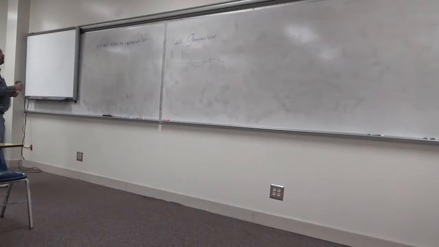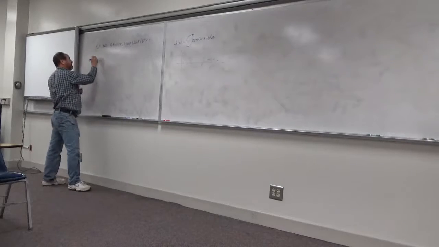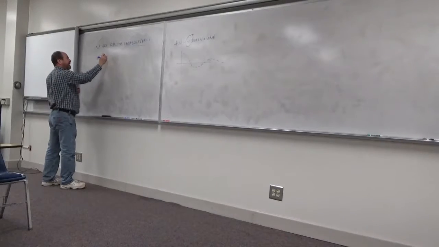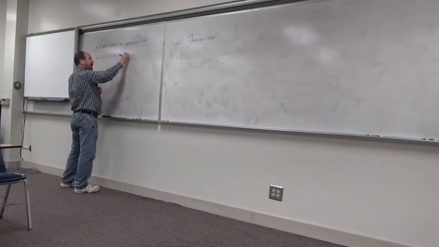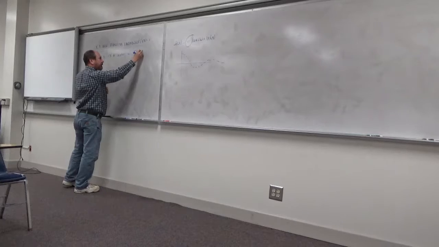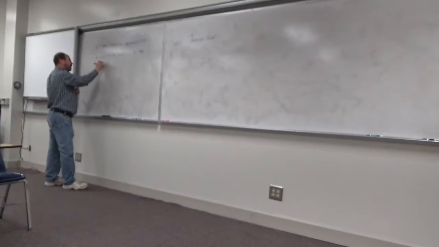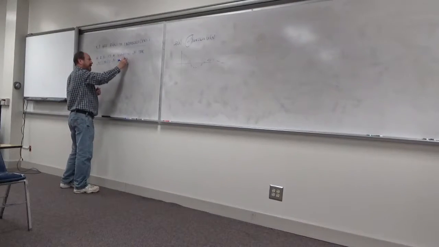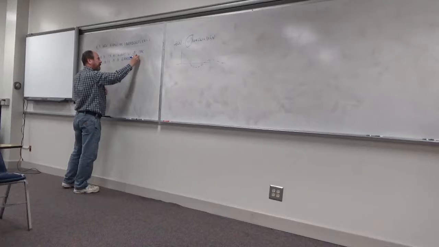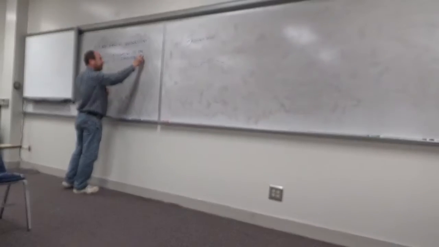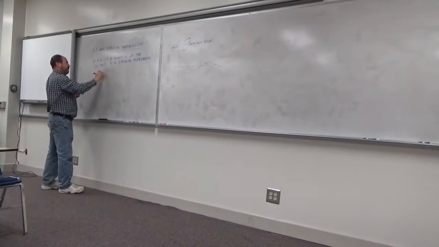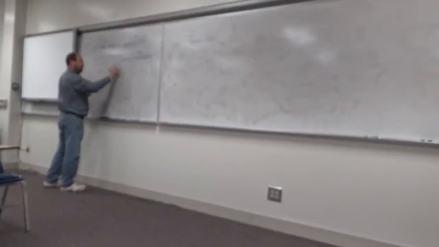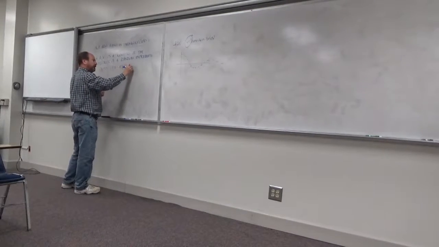A random variable, an RV, is a mapping of the outcomes of a random experiment, which I'm going to define shortly, onto the real numbers.